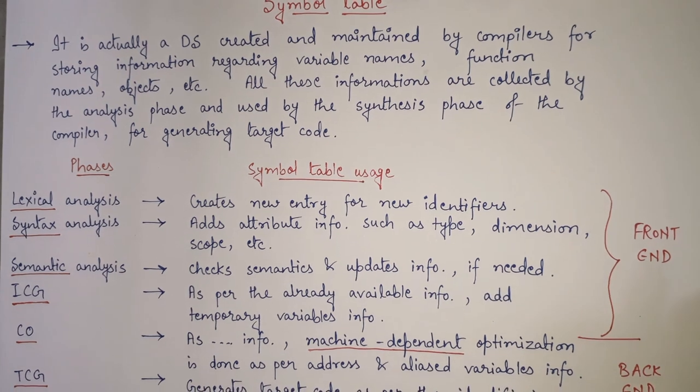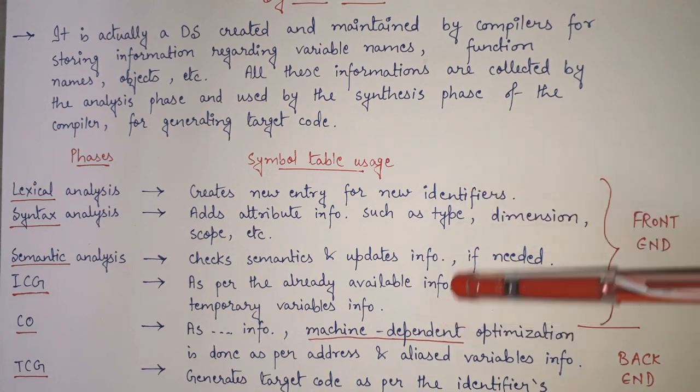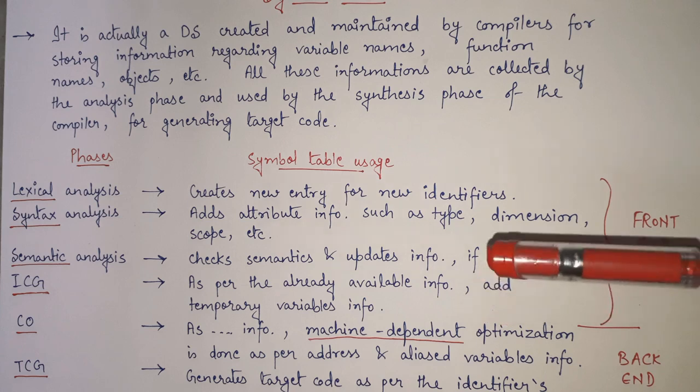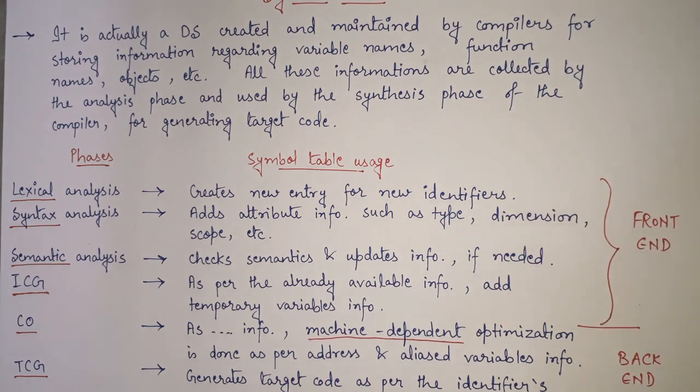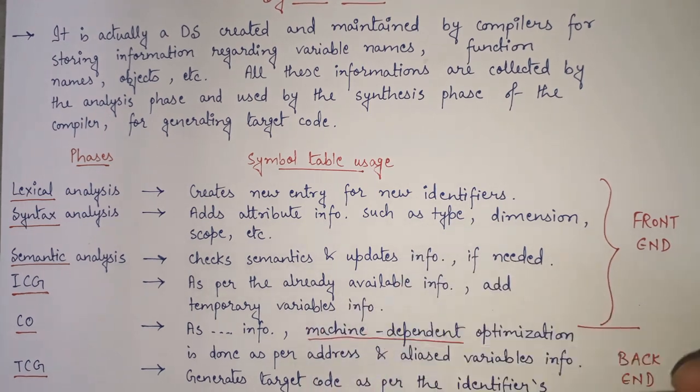Now why is it so? As we know, front end means what? This will not be machine dependent. These four phases, whatever work they do, will not be machine dependent. But these two, code optimization and target code generator, will generate the code as per the particular machine. That's why it is written here. Code optimization will do machine dependent optimization.